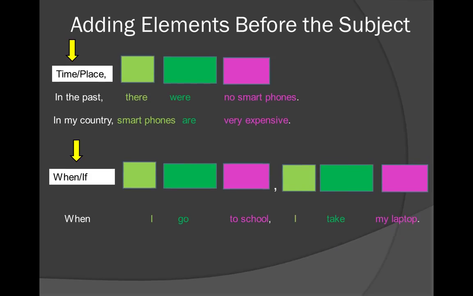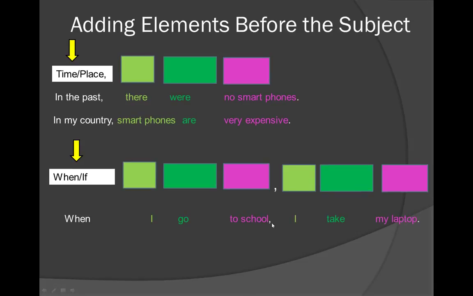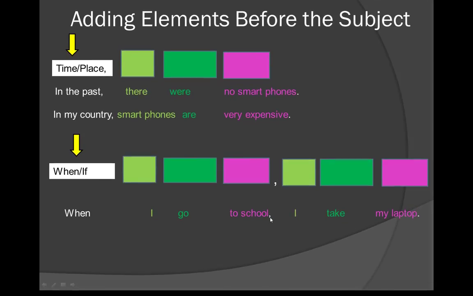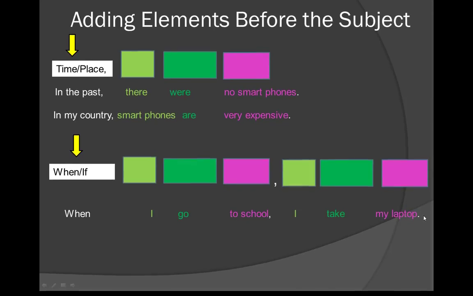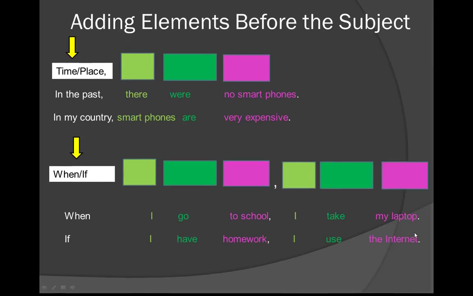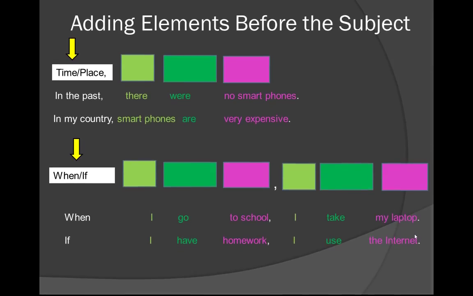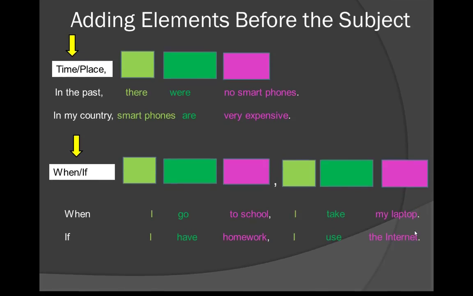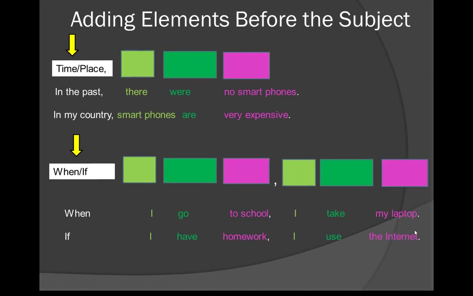The same thing with if: if I have homework, I use the internet. As you can see, this is a more complicated sentence. It's longer. It's called a complex sentence.